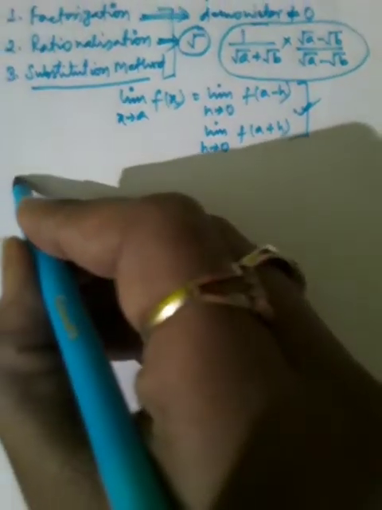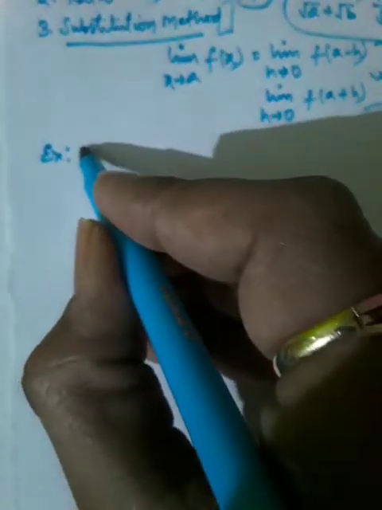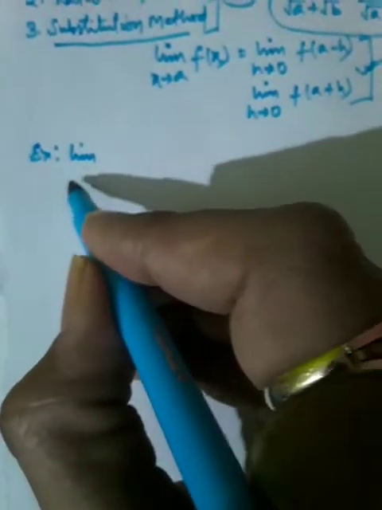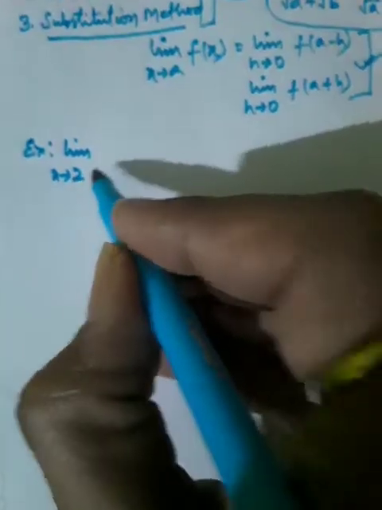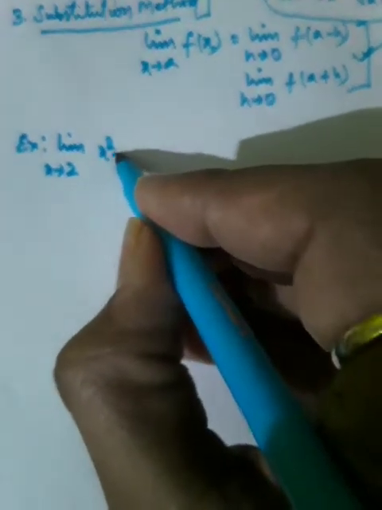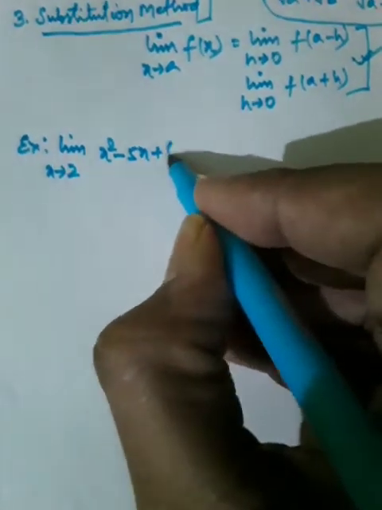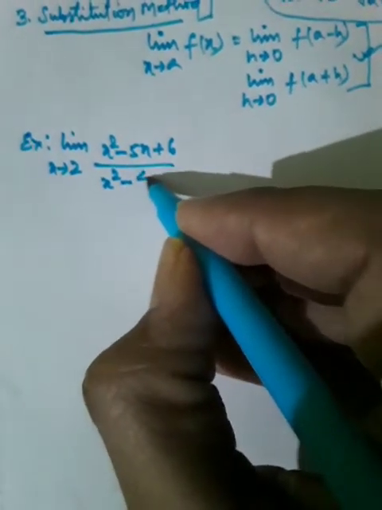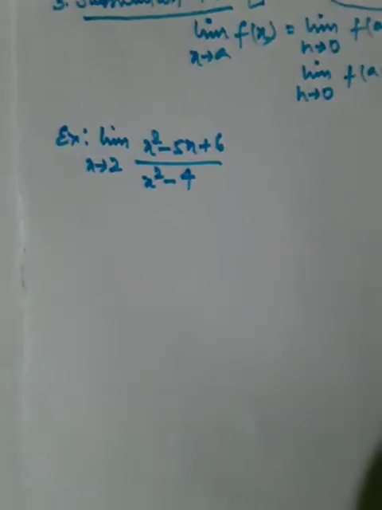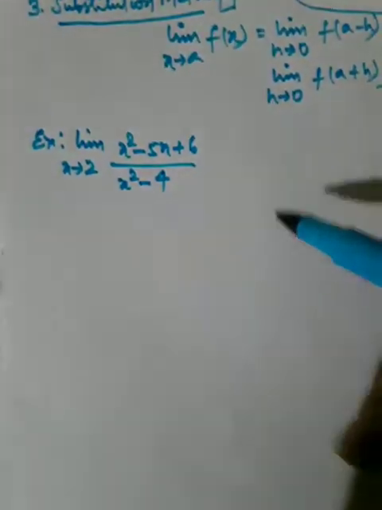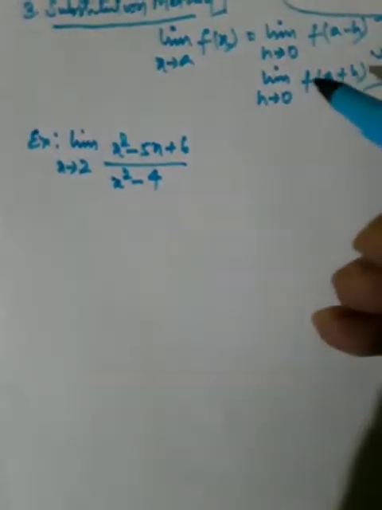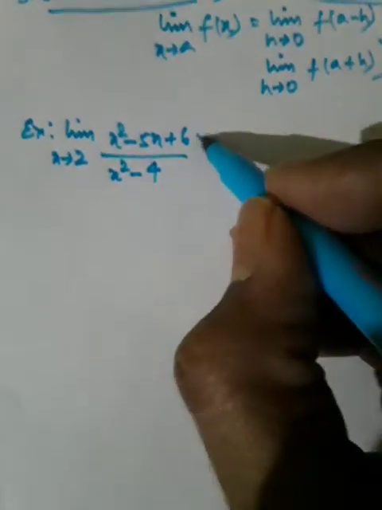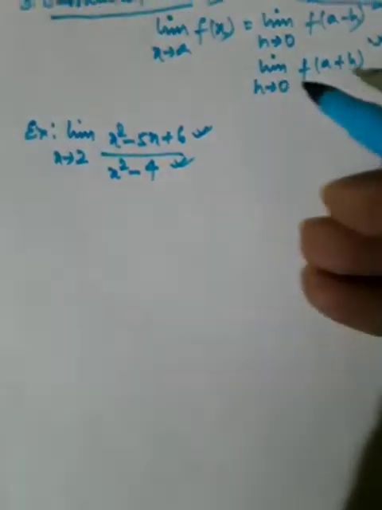For example, if the problem is limit x tends to 2 of (x square minus 5x plus 6) by (x square minus 4). Now you can see that it is an algebraic expression where we can factorize it to make it simpler.